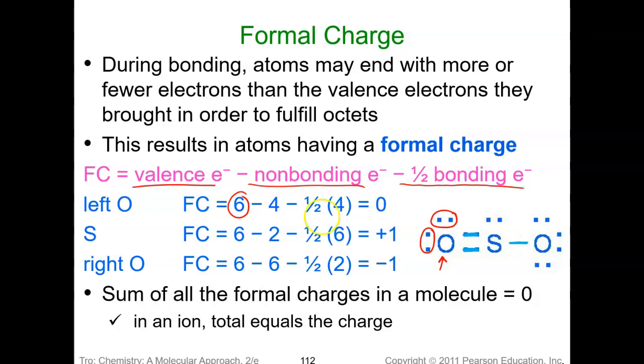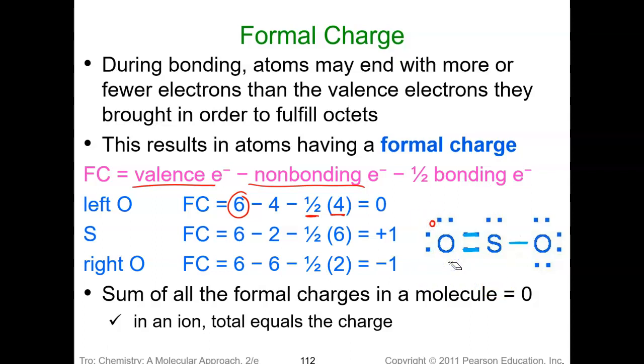And then we take half of the bonding. I always just do 1 for each bond, because technically it's half the bonding electrons. So oxygen has 6 minus 4 minus 2 bonds. That gives us a formal charge of 0.